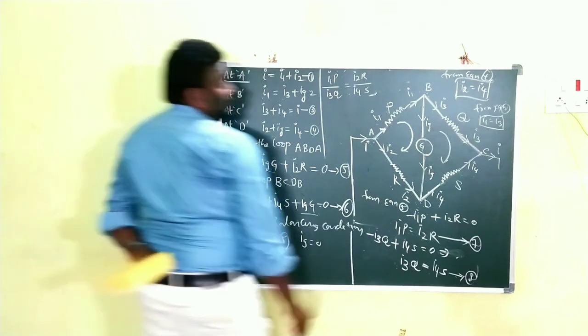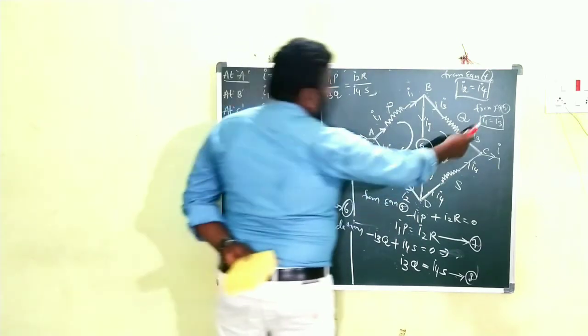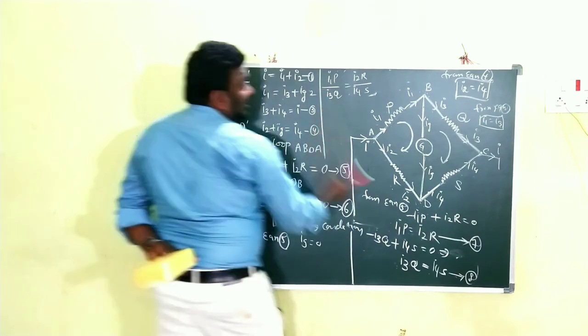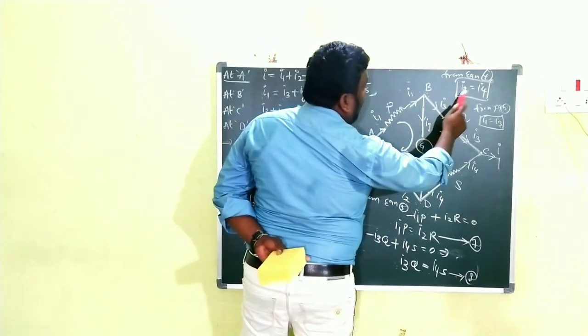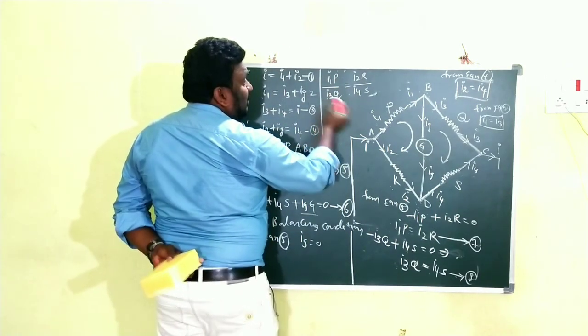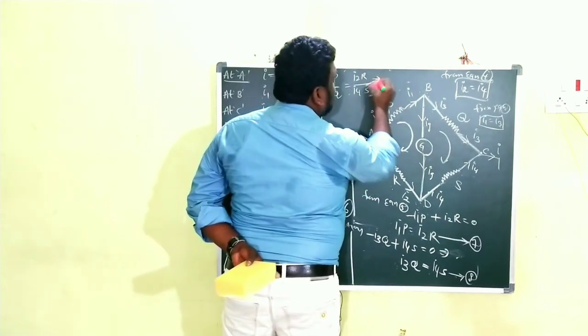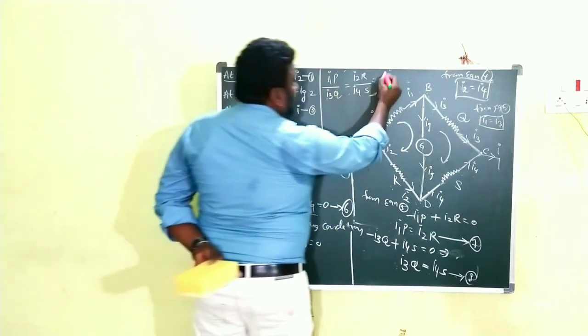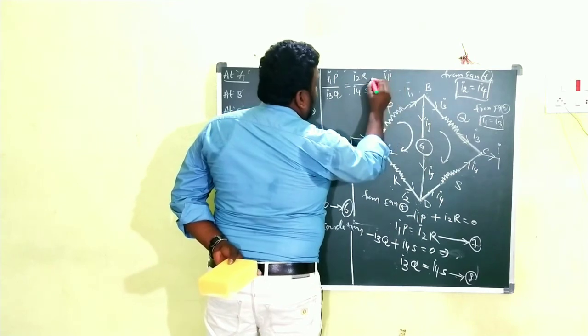So children, from equation number 2 what do we have? I1 is equal to I3. And from equation number 4, I2 is equal to I4. That means I1 and I3 both cancel. I am writing one more equation here like this.